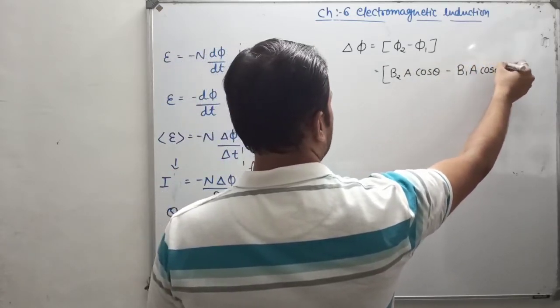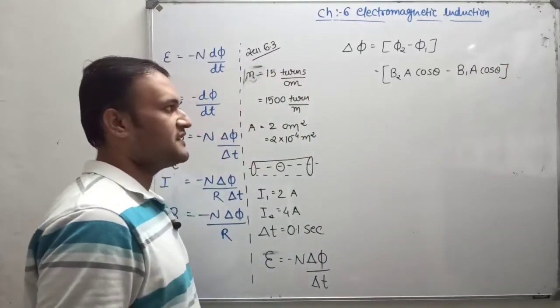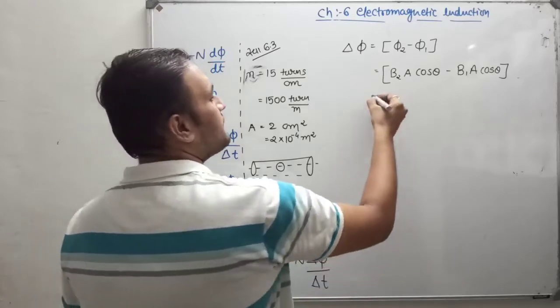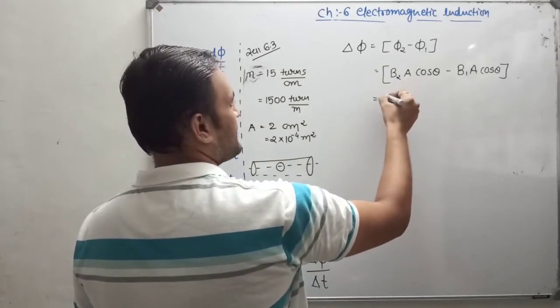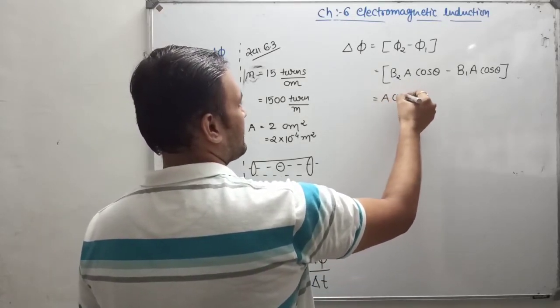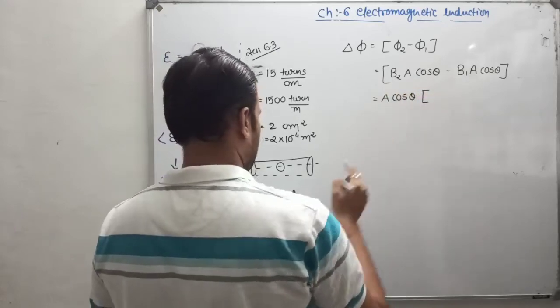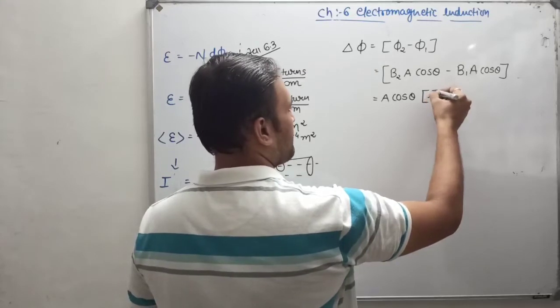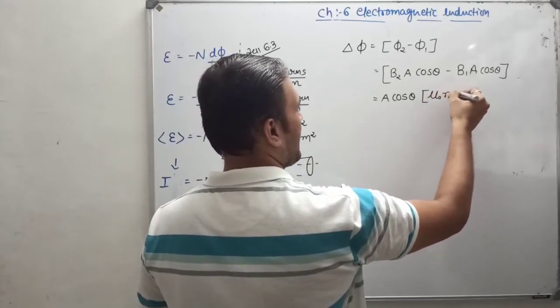A does not change, theta does not change. Okay, so here A cos theta stays the same. For the solenoid, for current I2, we know the magnetic field is mu 0 n I2.